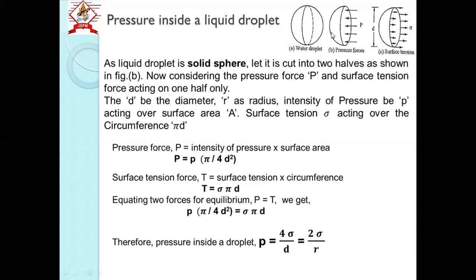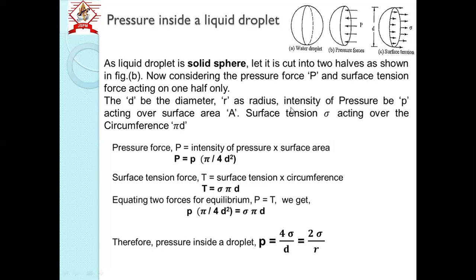This is an important thing. So now, as the liquid droplet is a solid sphere, let it be cut into two halves as shown in the figure. Considering the pressure force P and surface tension acting on the one half only, two forces we are considering. Let D be the diameter or R be the radius.